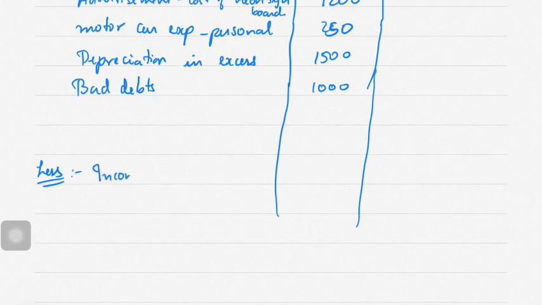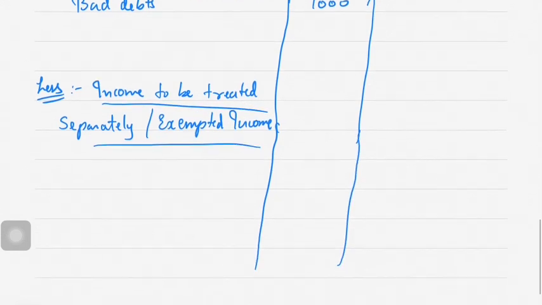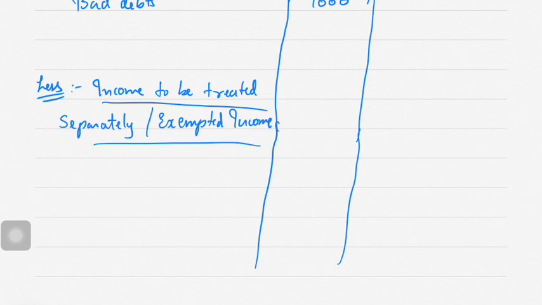Less: income to be treated separately or exempted income. Okay.